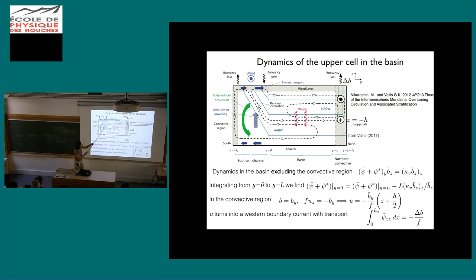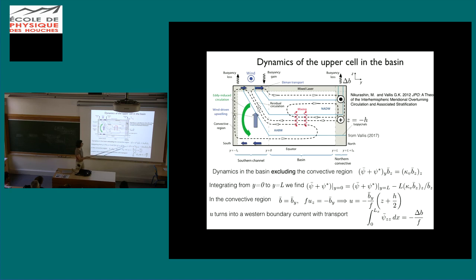Now we're going to do this homework here, and so in the channel you have this sloping solution that we don't know yet because the residual circulation is not 0. And here we will assume that approximately up to this point, y equal L, the isopycnals, as drawn here in these blue lines, are flat.